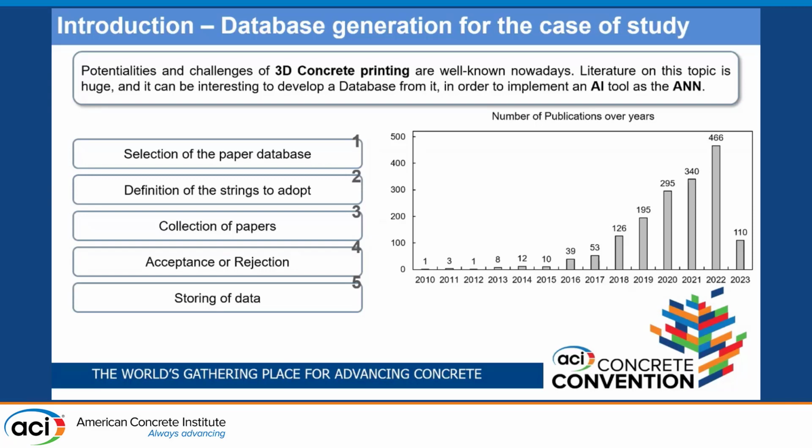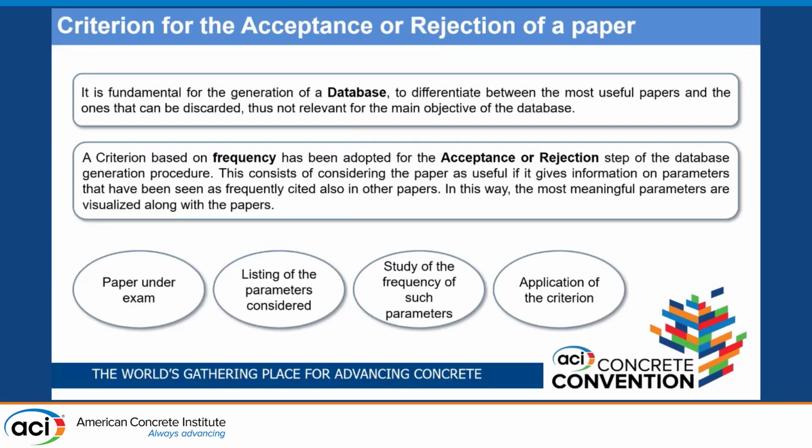So the aim of this work is to develop a database starting from the literature. These are some of the steps I follow in order to collect data: starting from the database of papers, typing some strings to find the papers, collecting them, accepting or rejecting, and storing the data. How do I accept or reject?